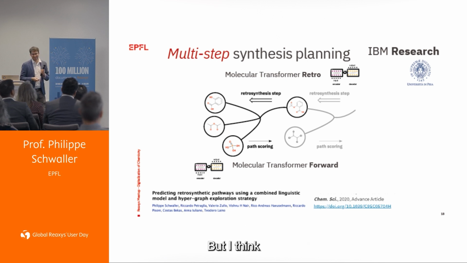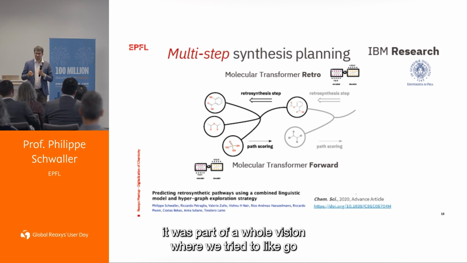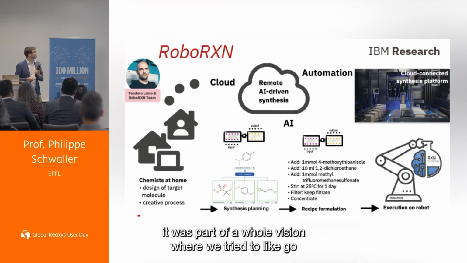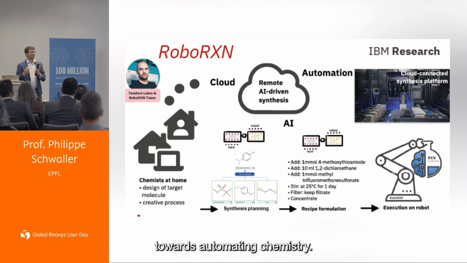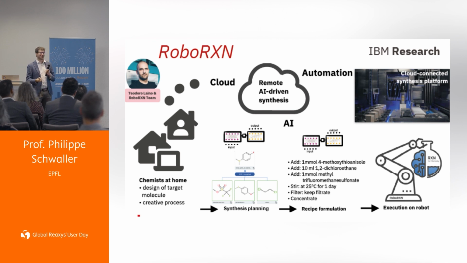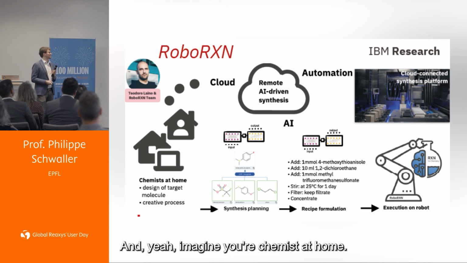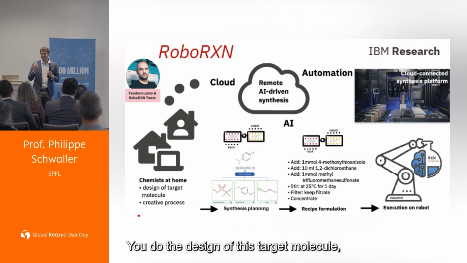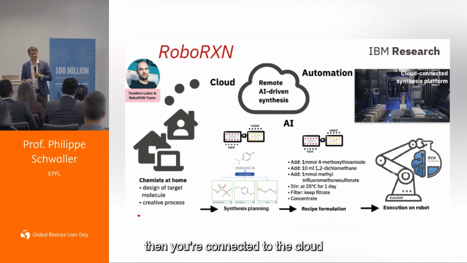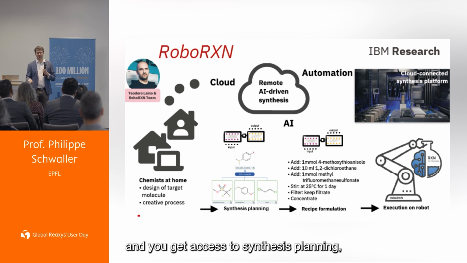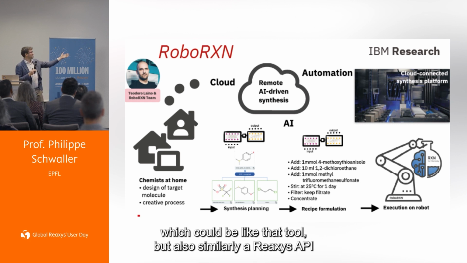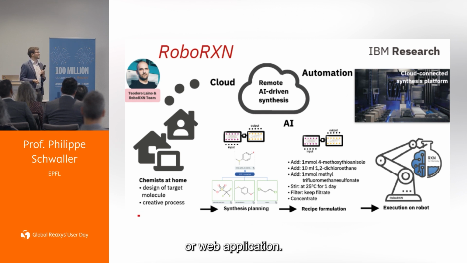But this I think was part of a whole vision where we tried to go towards automating chemistry. Imagine you're a chemist at home, you do the design of this target molecule, then you connect to the cloud, and you get access to synthesis planning, which could be like that tool, but also similarly the Reaxys API and/or web application.